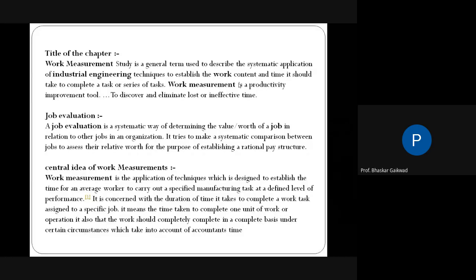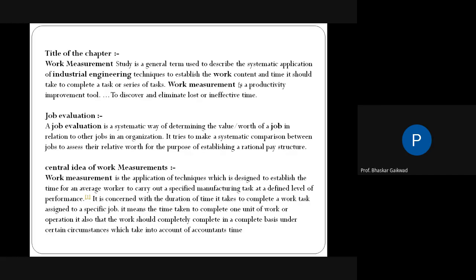So here, work measurement is a general term used to describe the systematic application of industrial engineering techniques to establish the work content, the time it should take to complete a task or series of tasks. Work measurement is a productivity improvement tool to discover and eliminate the loss of ineffective time. So this is actually the meaning of work measurement.